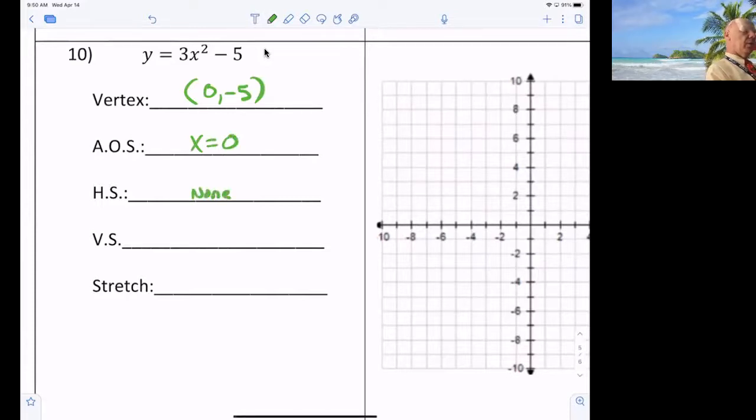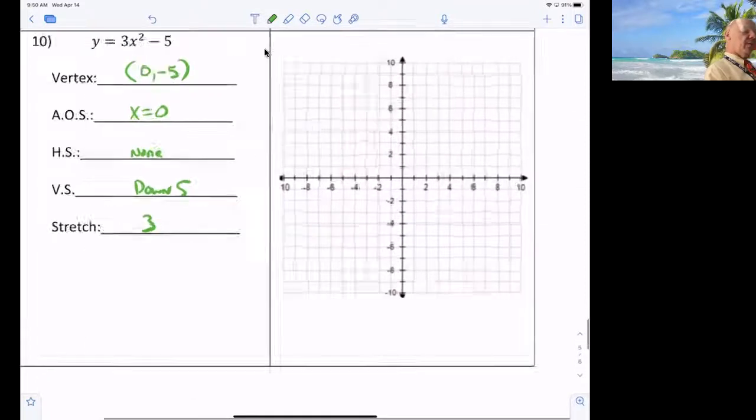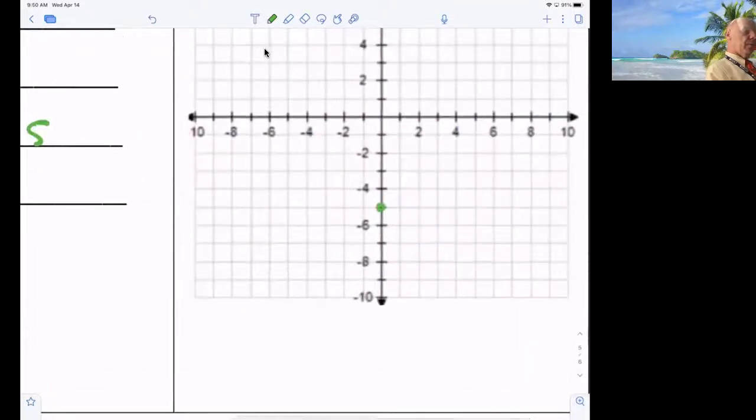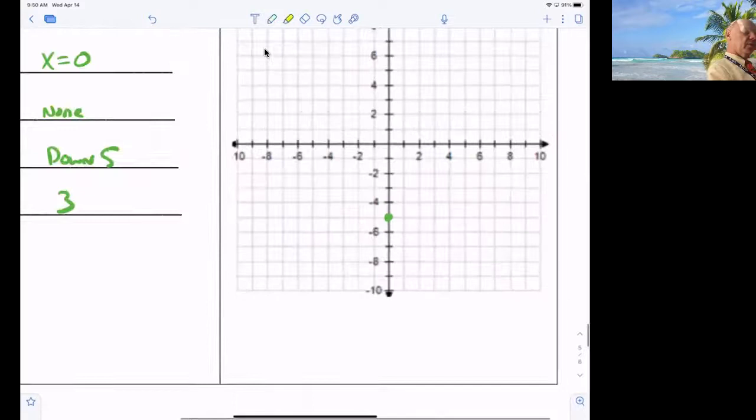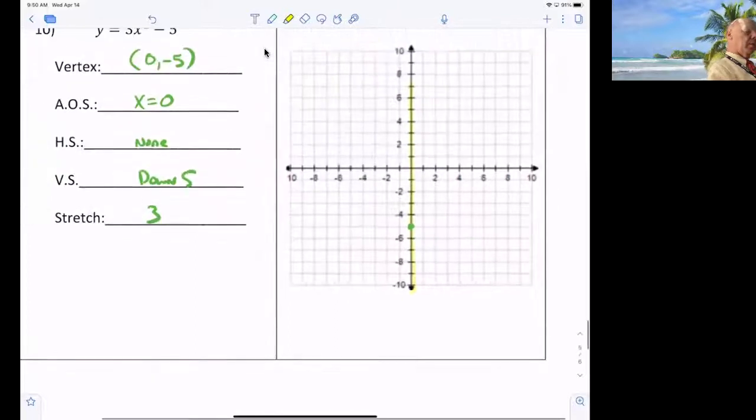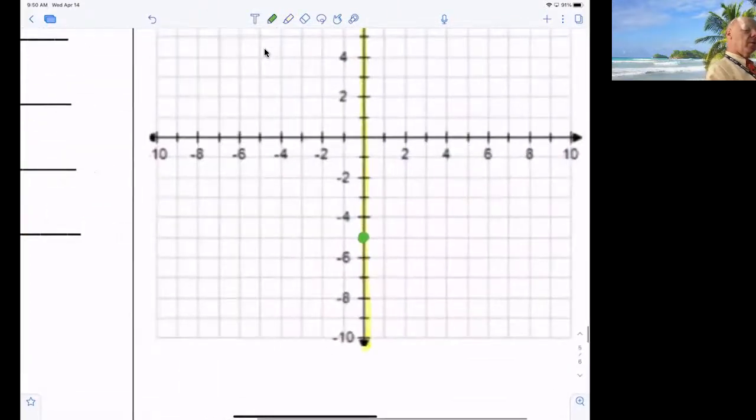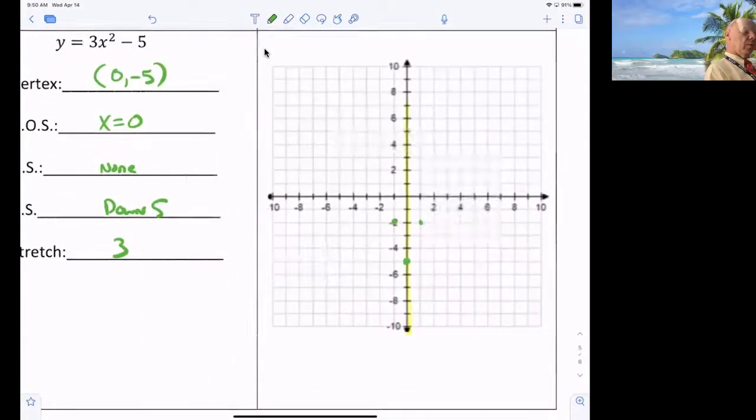Vertical shift: down 5. Stretch: 3. 0, -5. Draw the axis. Now, over 1, up 3. Over 2, up 12.